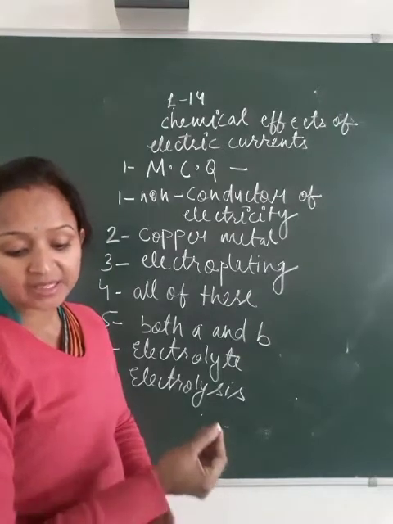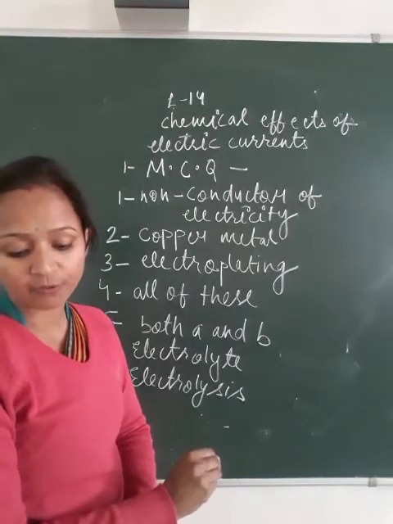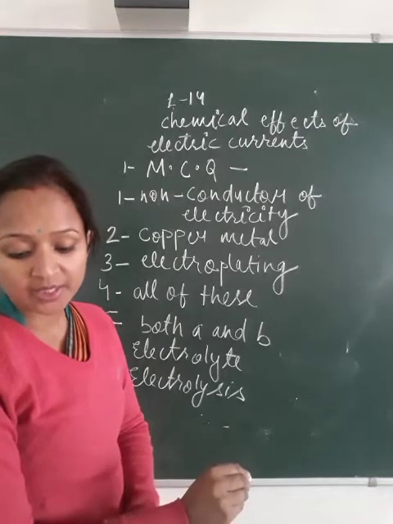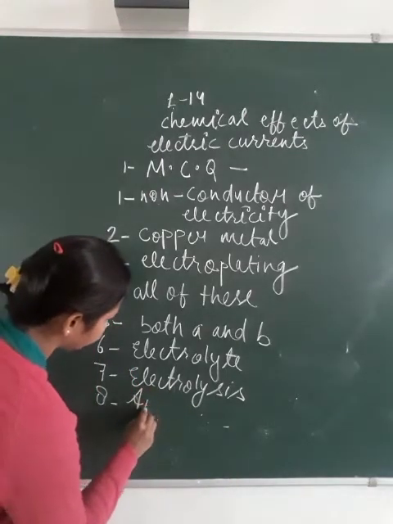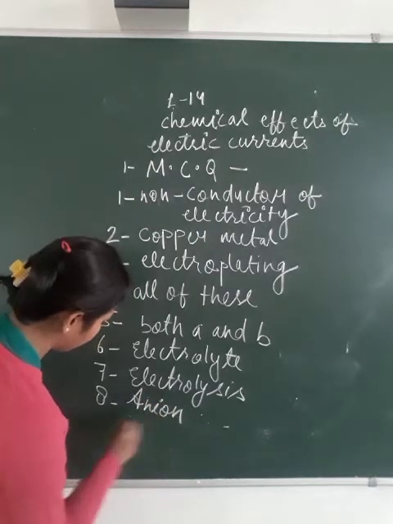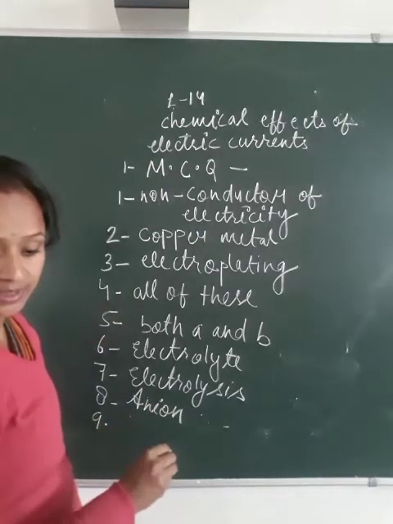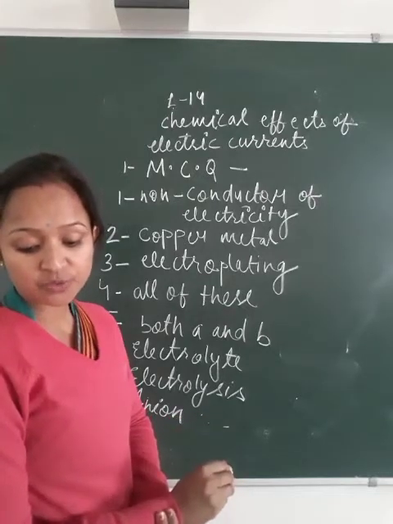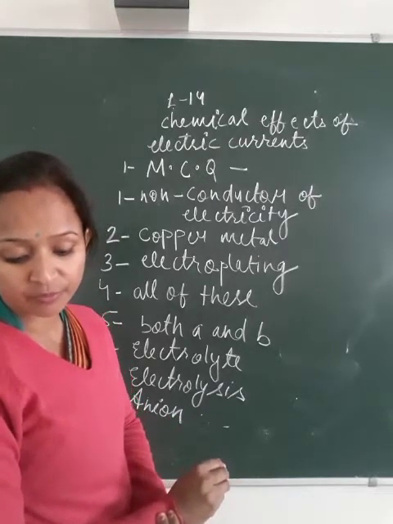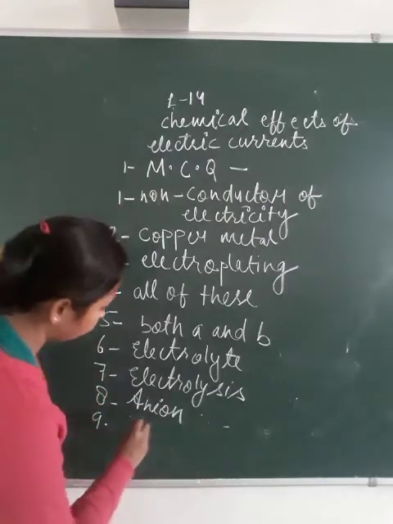Eighth one, the negatively charged ion formed when a chemical compound dissolves in water is known as anion. Next one, the positively charged ion formed when a chemical compound is dissolved in water is called cation.